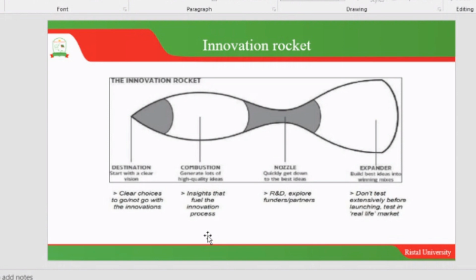Okay, so this is where we are saying that instead of having all those many ideas, it is better to have that clear vision, which will tailor you to the best idea, which is going to be essential in solving that problem in the population.